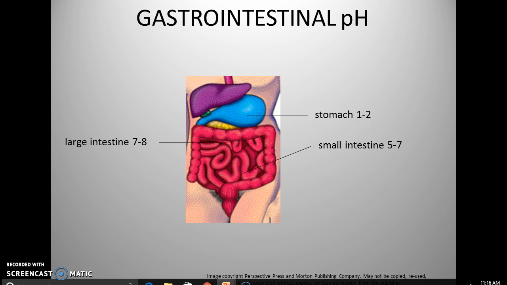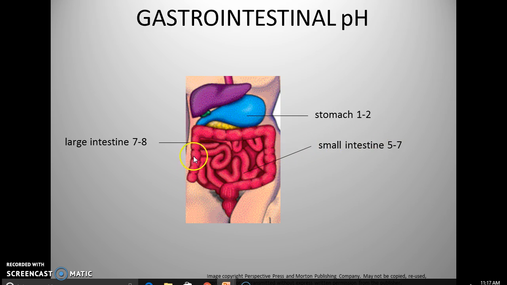Okay, let's take a look at this particular picture here. This is just part of the alimentary canal, and I will use my cursor to point out different parts of the GI tract. Here is the stomach with a pH of 1 to 2. It then leads to the small intestine with a pH of 5 to 7.